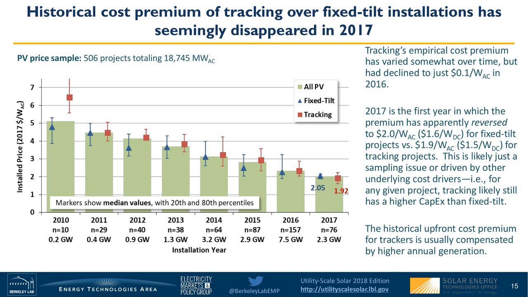For example, that could mean that fixed tilt installations are now increasingly just built in regions that may have more challenging design circumstances, for example, different soil conditions or very high wind loads. And that would then just increase some of the costs over there. So, take that with a little grain of salt, but I thought that was a fairly interesting observation.